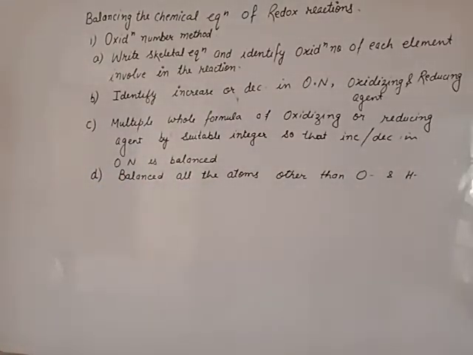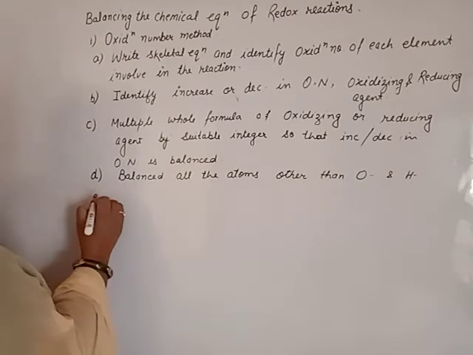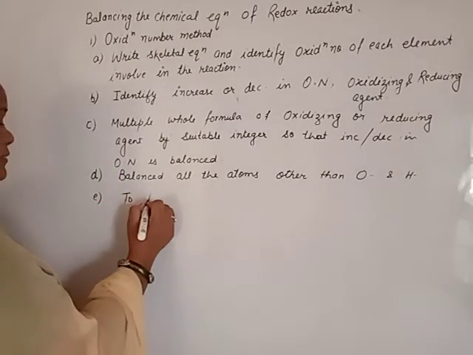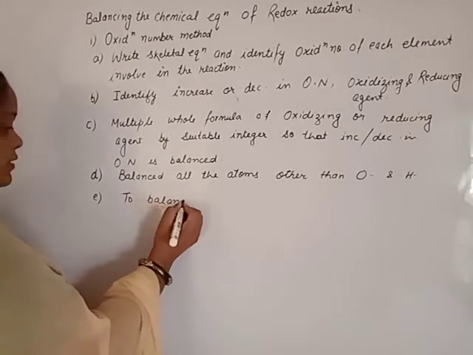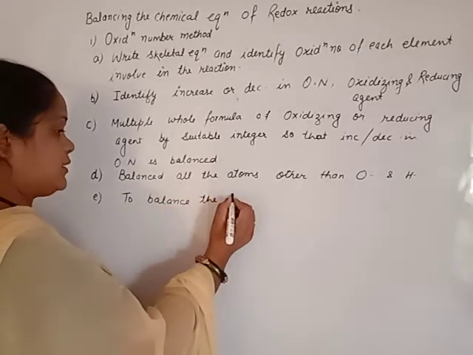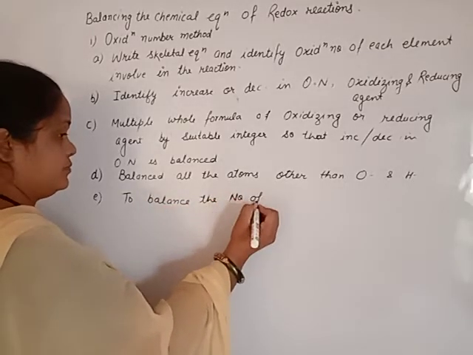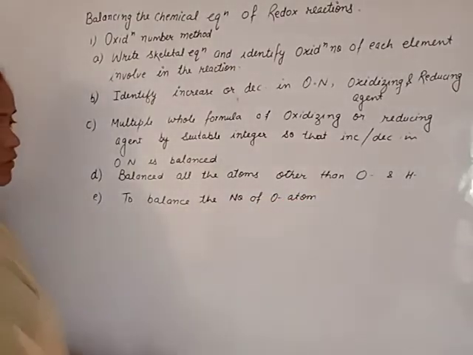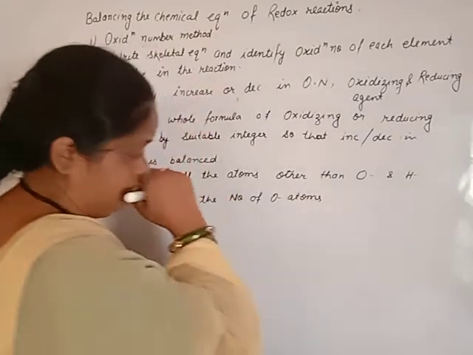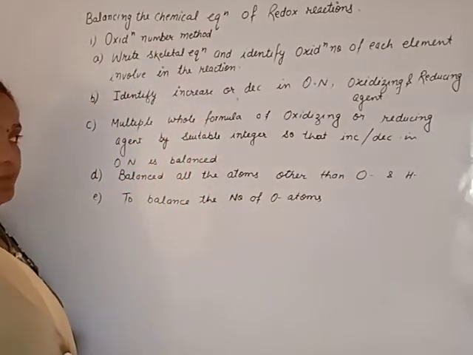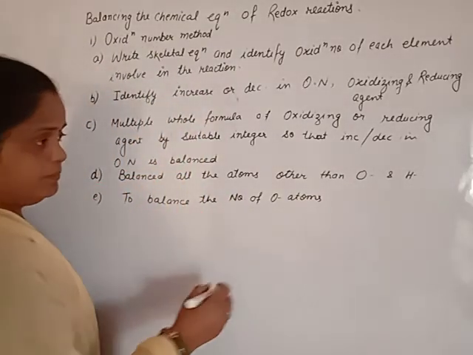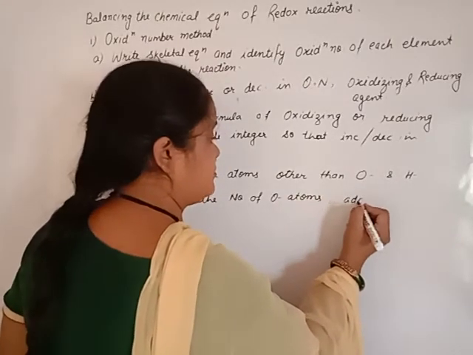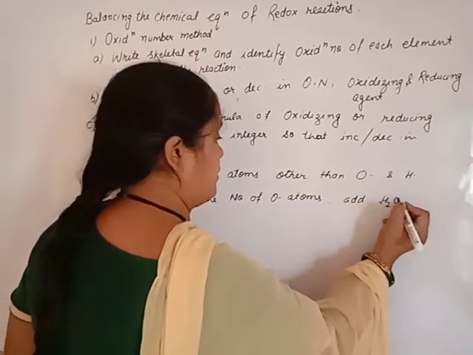Then to balance the oxygen, we will add water. To balance the number of oxygen atoms, add water molecule on deficient side.